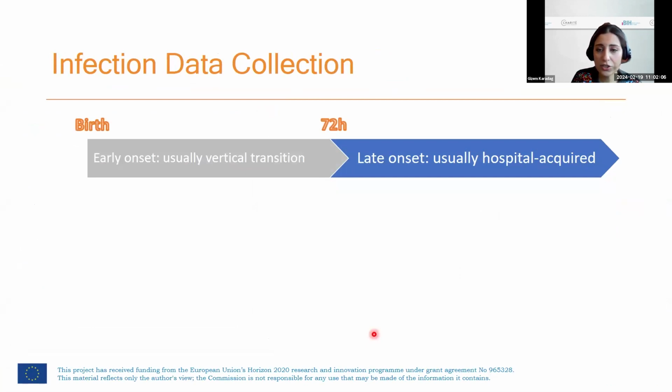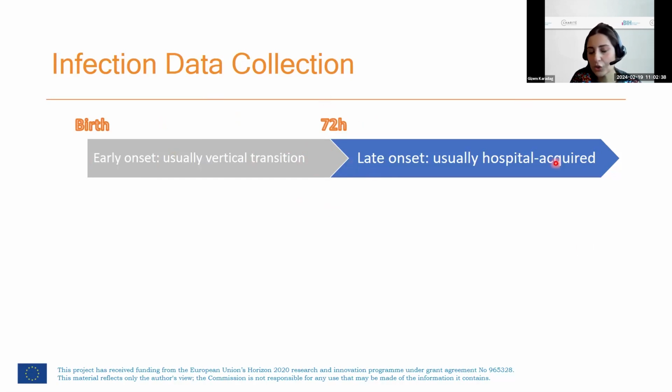For the NeoIPC surveillance system, infections where the first symptoms occur within the 72-hour window after birth shouldn't be considered nosocomial infections. They are usually infections transmitted vertically from the mother to the child during or before birth. So they should be considered mostly as vertical transmission.